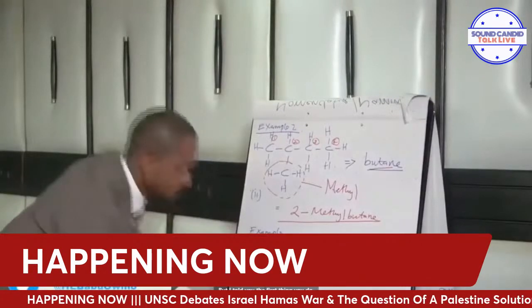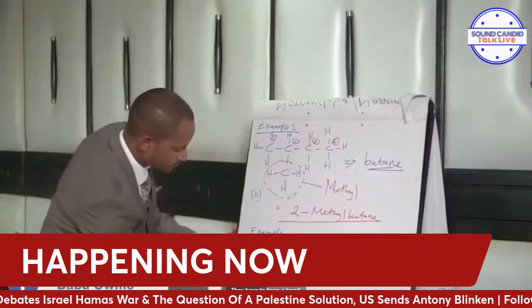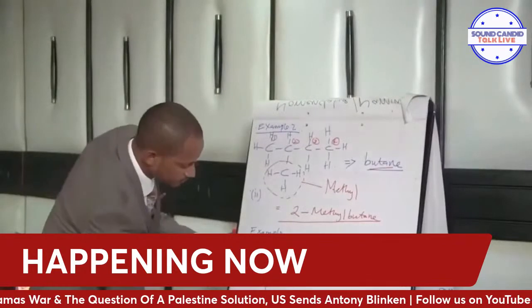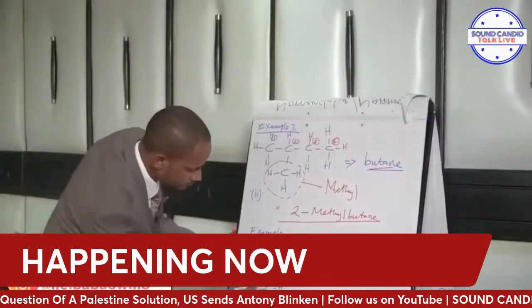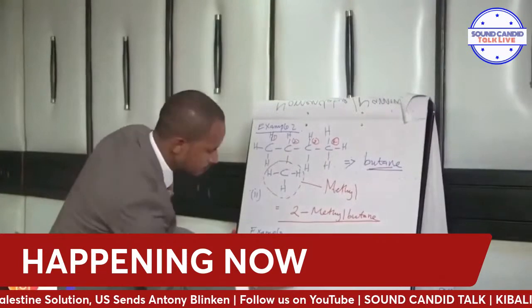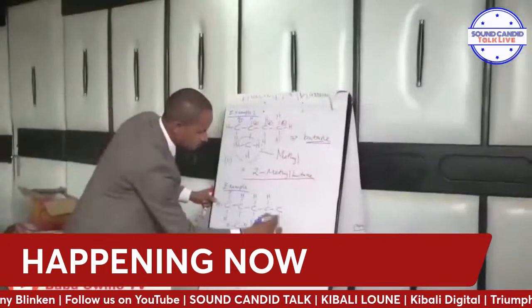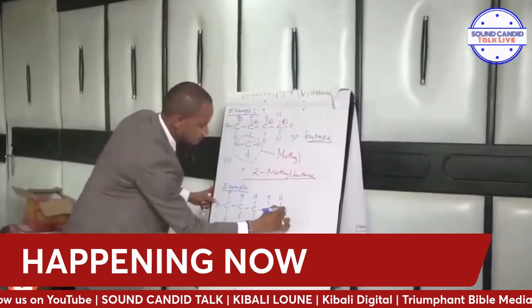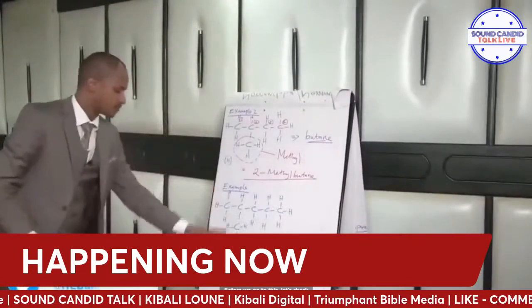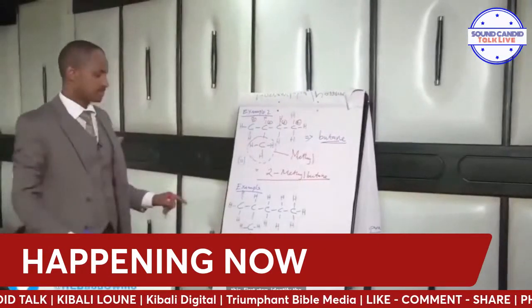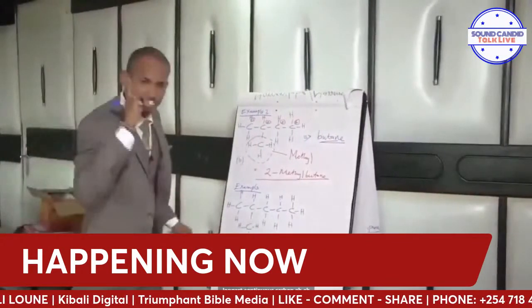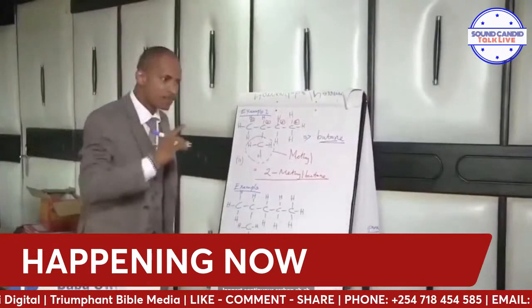But I told you the first thing you do, they have to form a bond. Before we go to this, let's check this. First step, identify the longest continuous carbon chain.